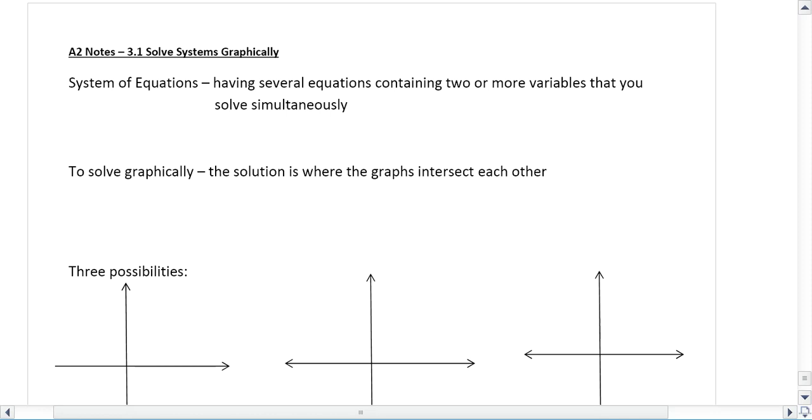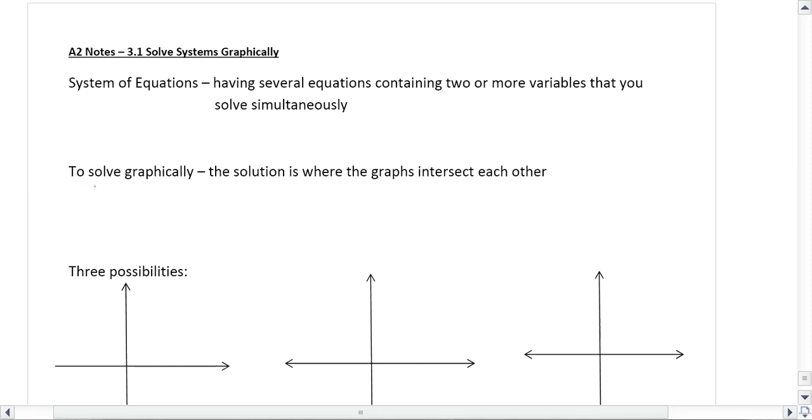In this section, we'll be finding an x and a y. Later on, we will learn to solve equations with maybe 3 variables, x, y, and z, and later on even 4 variables.